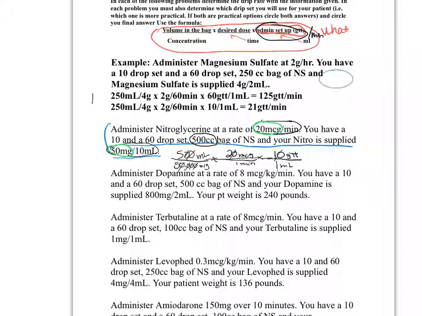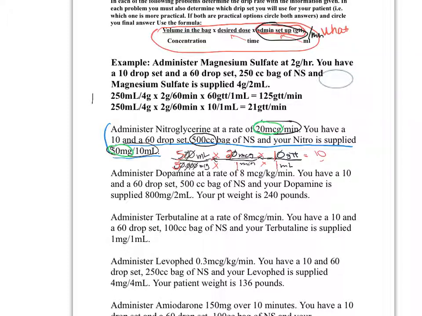Well, that just makes your math incredibly easy, because now all I have to do is multiply 5. I'm going to use a different color here. I'm going to multiply 5 times 2 times 1. Well, 5 times 2 is 10. And on the bottom, I'm going to multiply this 5 times 1 times 1.